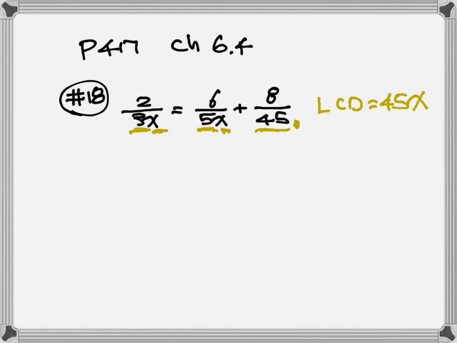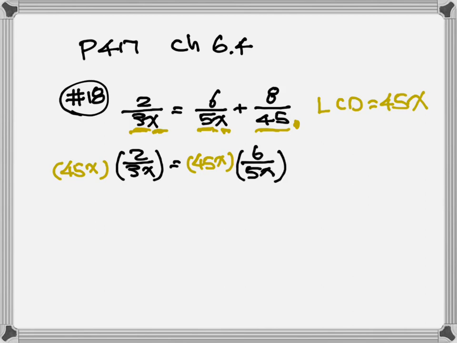Then after that, I'm going to multiply the common denominator to every single number in the equation. Let me change the color. So it'll be 45x times 2 over 3x equal to 45x times 6 over 5x plus 45x times the last number, which will be 8 over 45.